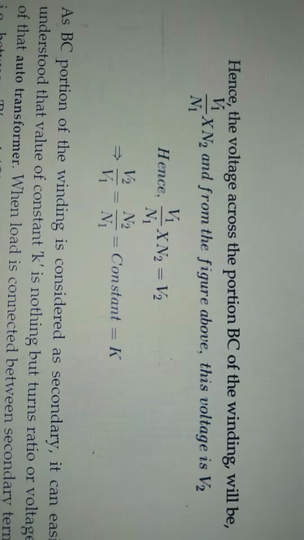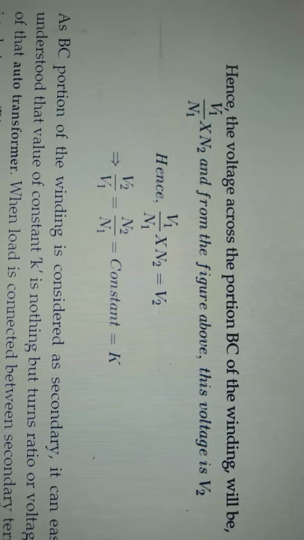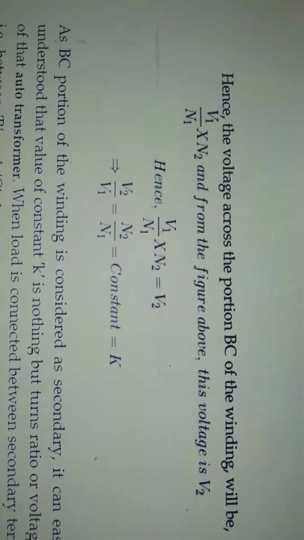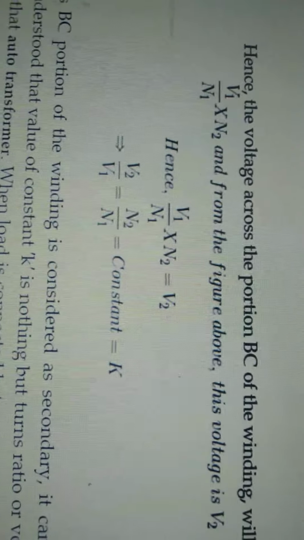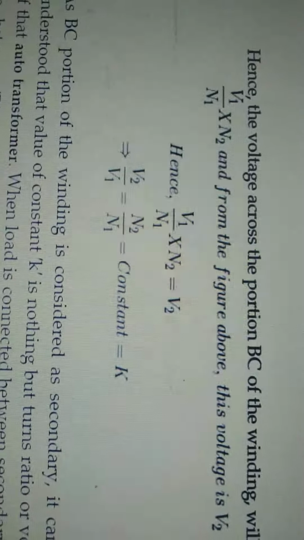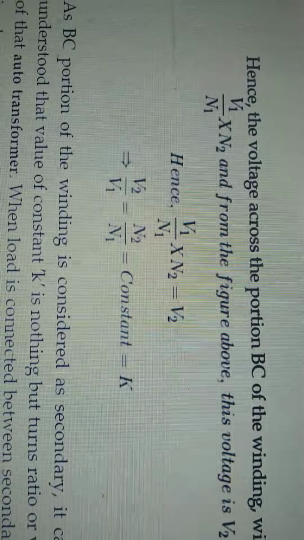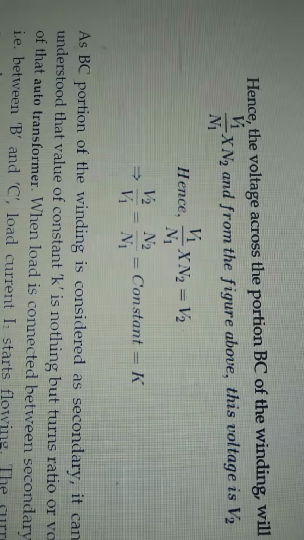See this? V1 upon N1 into N2 is equal to V2. From that we can write one equation: V2 upon V1 is equal to N2 upon N1, which is a constant.